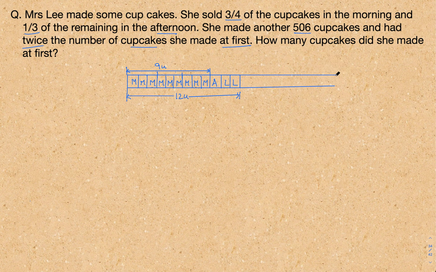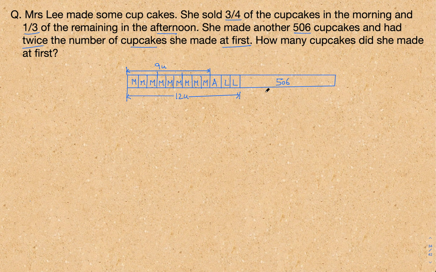So let's say this is what she has added, this is 506 new cupcakes she has made. Now this plus the last two units of cupcakes she is left with. In total, this plus these leftover cupcakes and another 506 is twice the number of cupcakes she made at first.